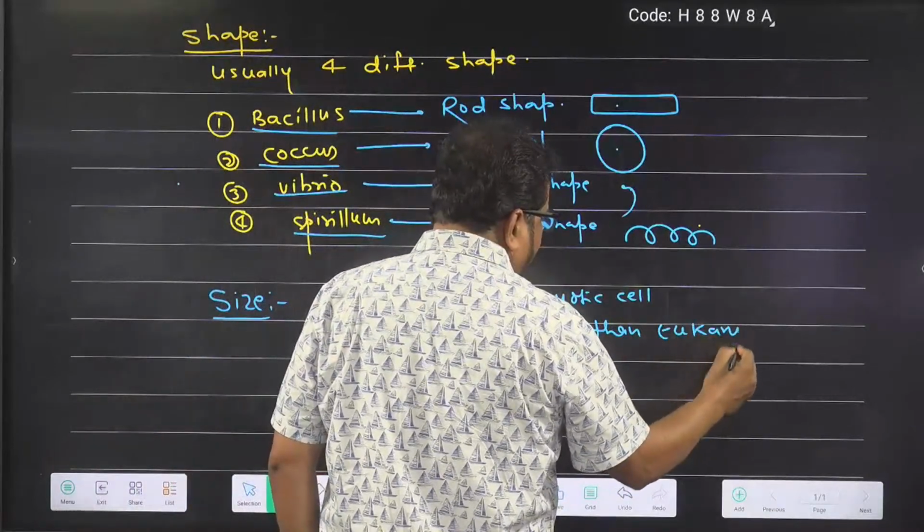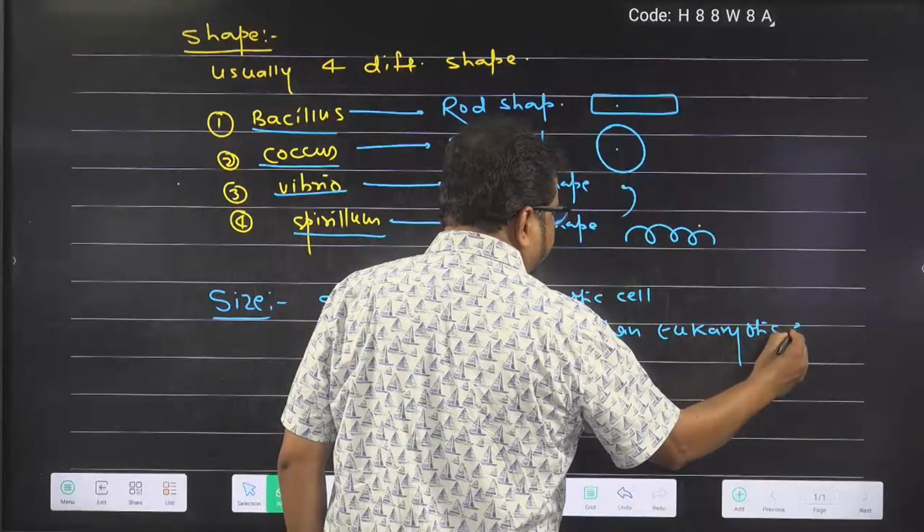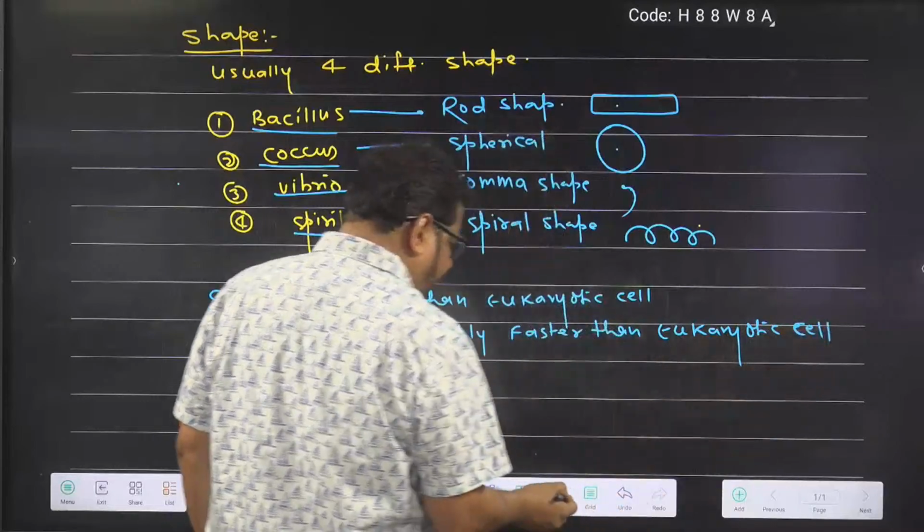That line I also wrote in the last class. Did you get the idea?